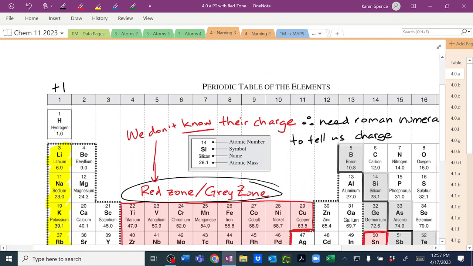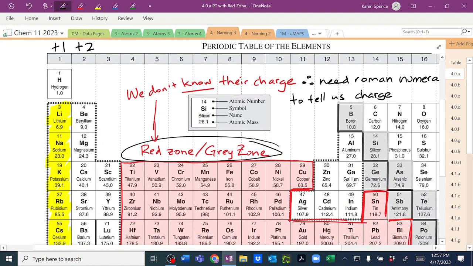So all the ones in column 1 are +1. All the ones in column 2 are +2. And I like to say that this is as easy as 1, 2, 3. Because guess what the charge is of things in column 3? +3.